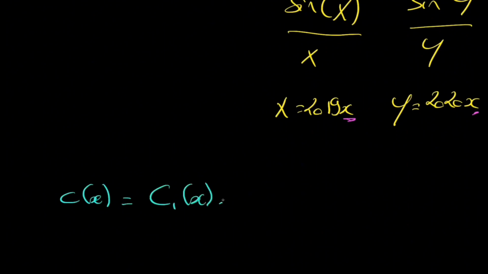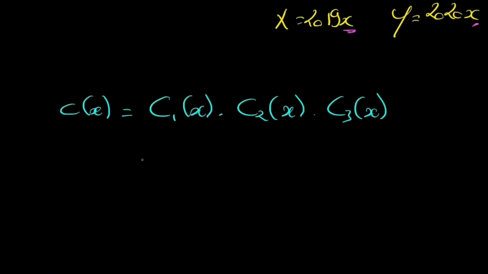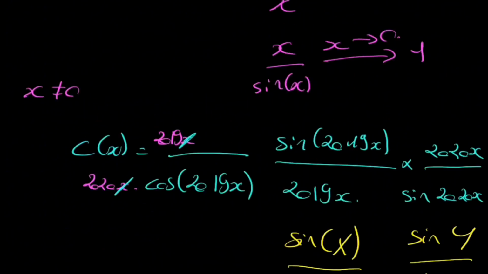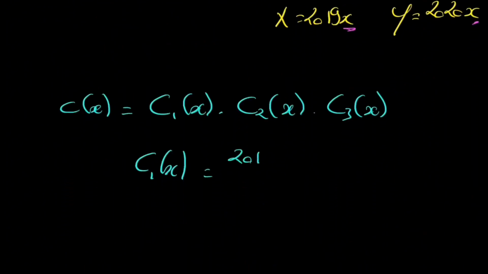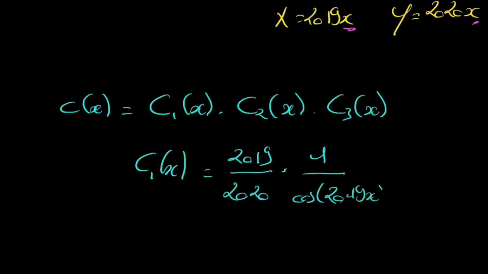We are left with c of x equal to c1 of x times c2 of x times c3 of x, with c1 of x equal to 2019 over 2020 times 1 over cosinus of 2019x.